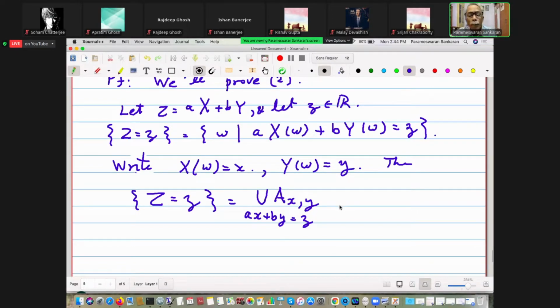Okay. And the union is over all those x and y such that this happens, where A_{x,y} is the set of all omega such that capital X equals small x and capital Y equals small y, right? So this comma means and.